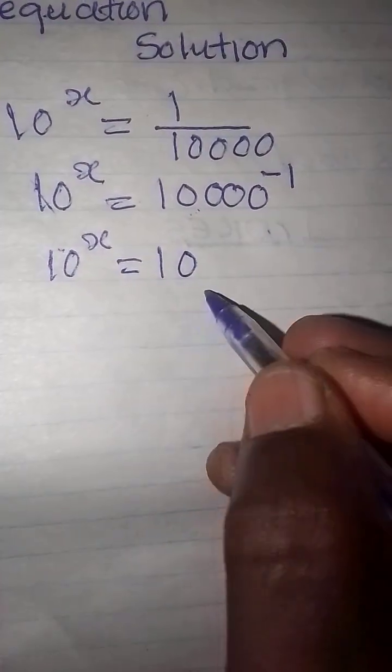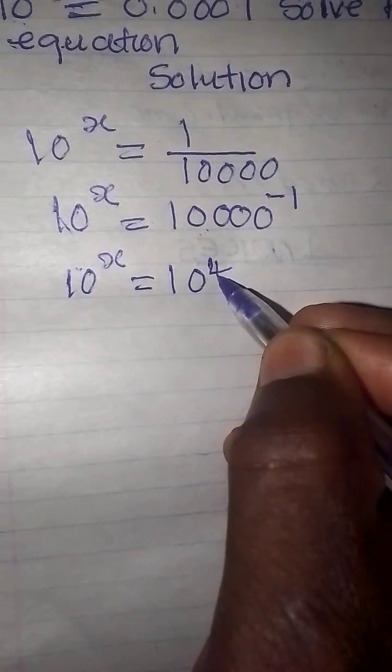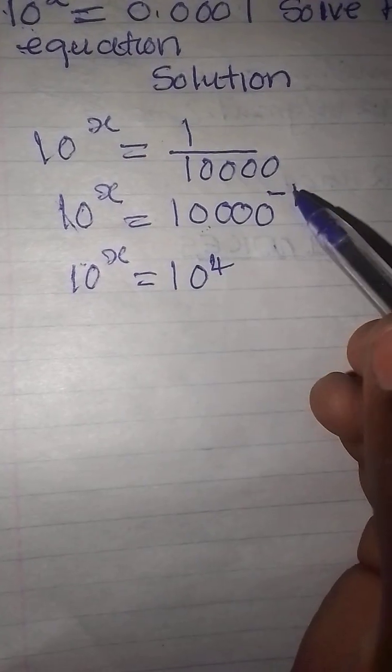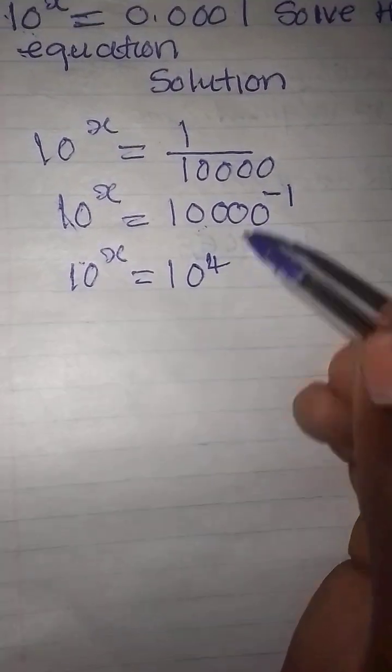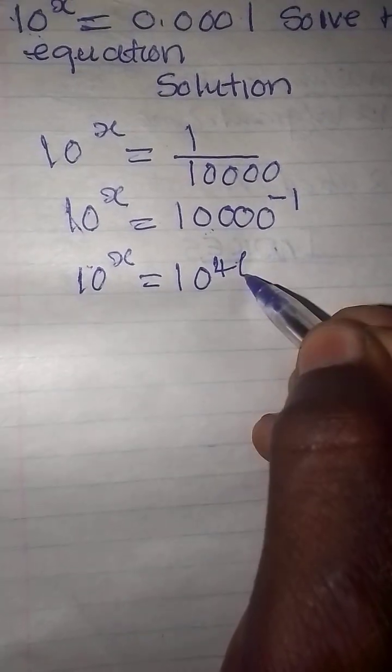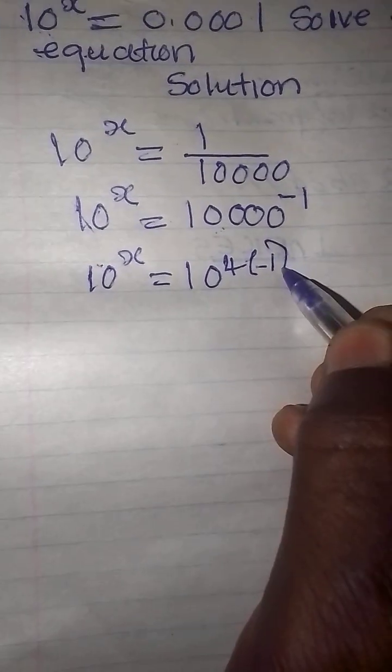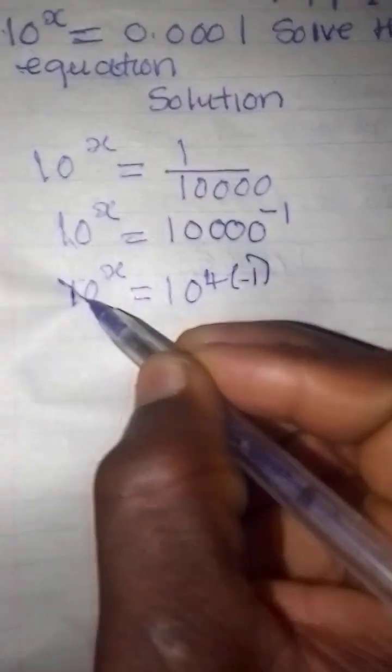Probably it is to the power 4. And then we know that we had a power already, so the powers need to multiply. The original one will just be there. So the bases have become the same, meaning they can cancel.